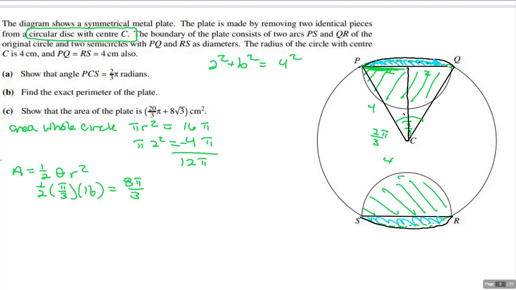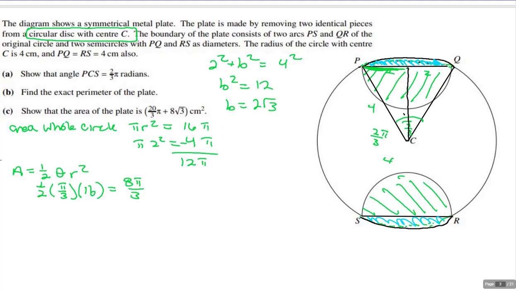Yeah. So then what am I going to do? You square the. Yeah. So what's 16 minus 4? 12. And I square root it, what do I get? You get 2 square root of 3. 2 square root of 3.